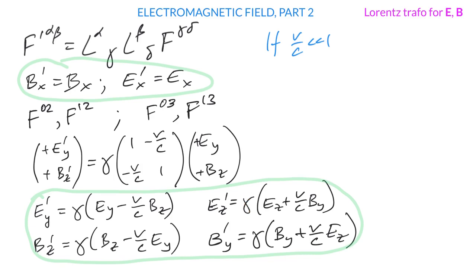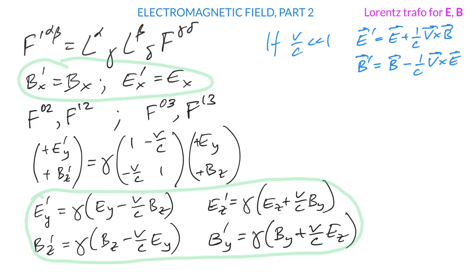So at small velocities, we can drop the second order terms and obtain, in this approximation, E prime equals E plus 1 over C V cross B, and B prime equals B minus 1 over C V cross E. So I set gamma to 1, and then you can see that this expression correctly gives conserved longitudinal components, those parallel to V, and the transverse ones reproduce this.